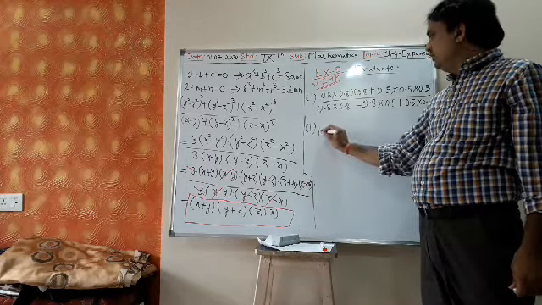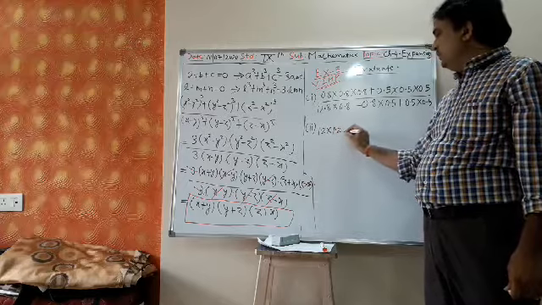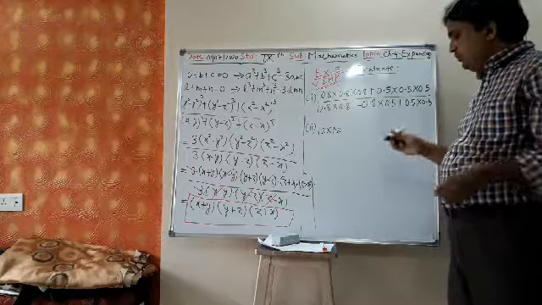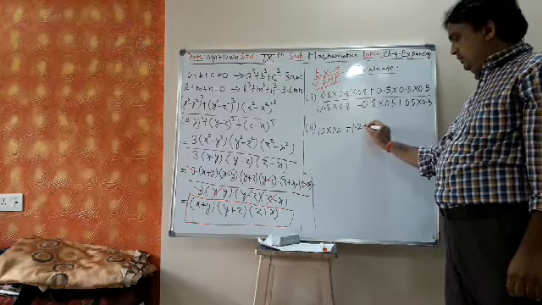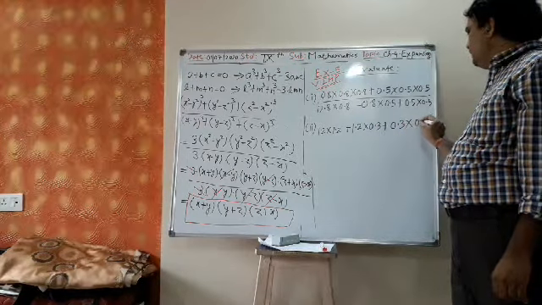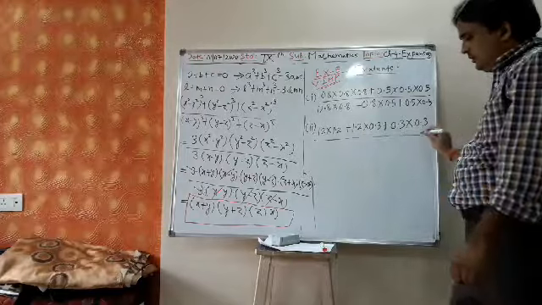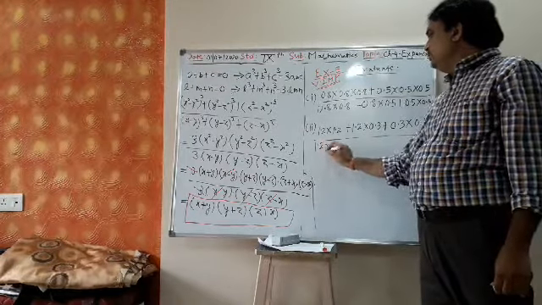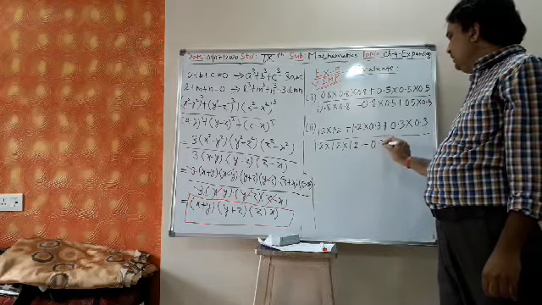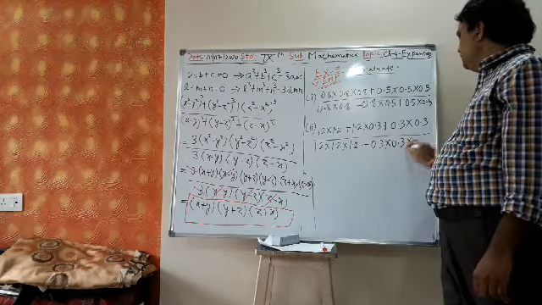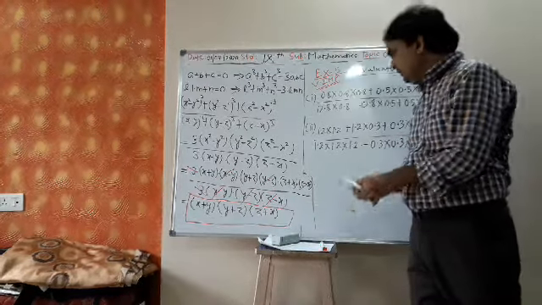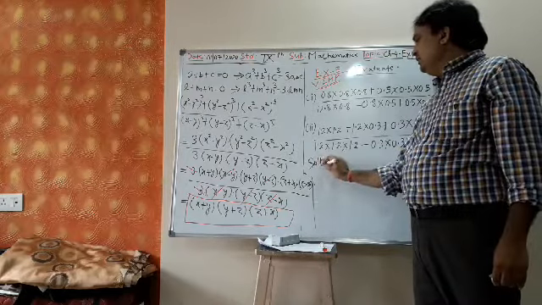Now second: 1.2 into 1.2 into 1.2 plus 0.3 into 0.3 into 0.3, divided by 1.2 into 1.2 minus 1.2 into 0.3 plus 0.3 into 0.3. I will do both parts because these are important questions.